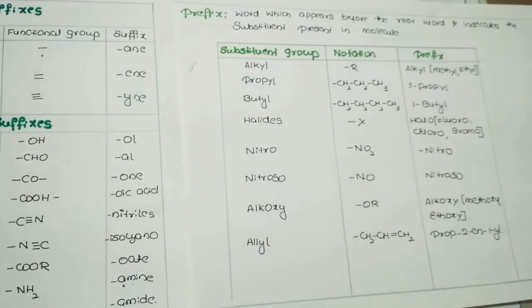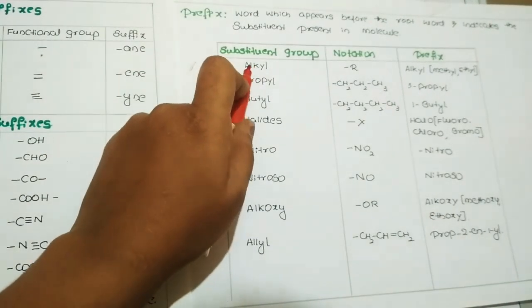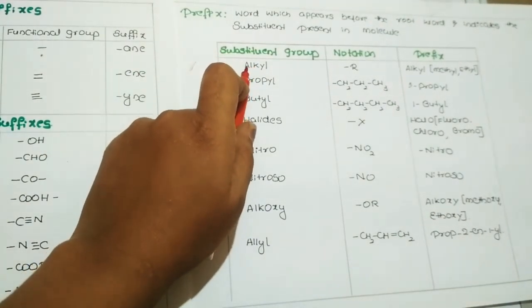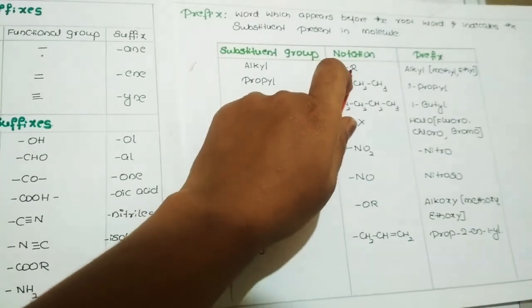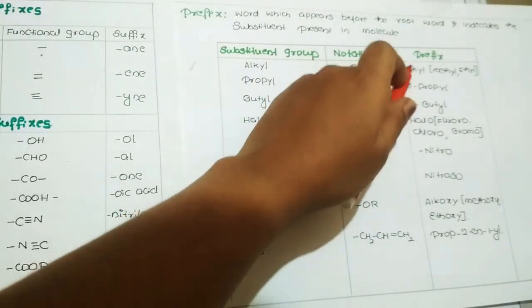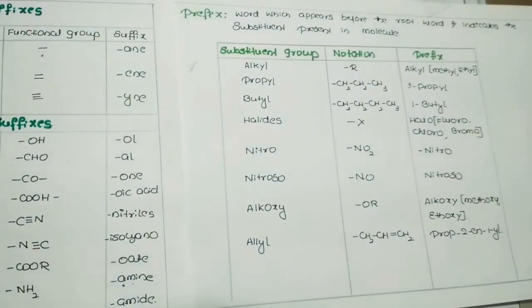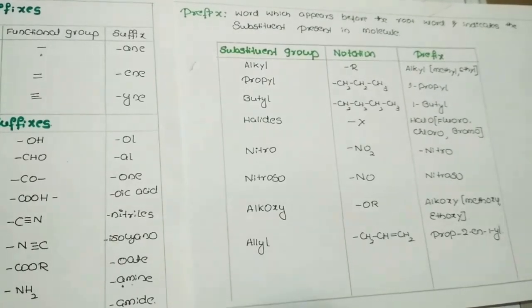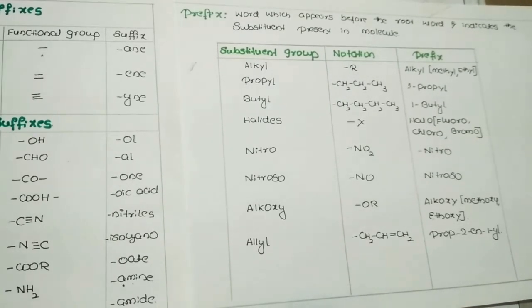If the substituent group is an alkyl, its notation is R, and its prefix is alkyl, or it may be methyl, ethyl, propyl, like that. Whichever substituent is attached to the given organic compound, that name we will use.